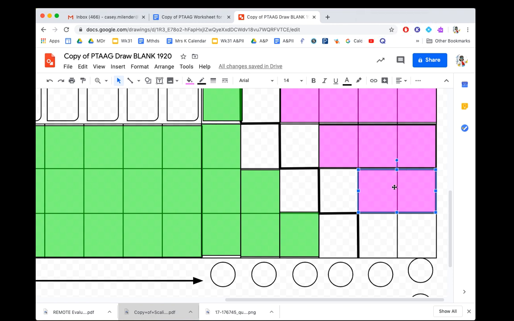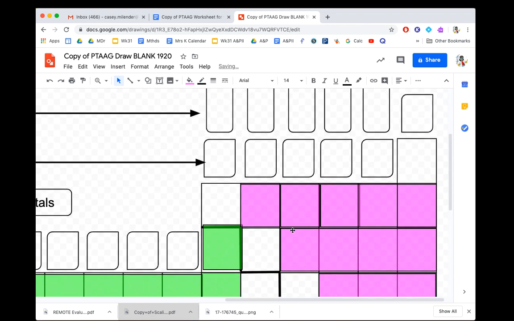All right, and so now I can duplicate that because these last two are non-metals. Right, so all of this over here, oops, forgot about that one. It's also a non-metal.